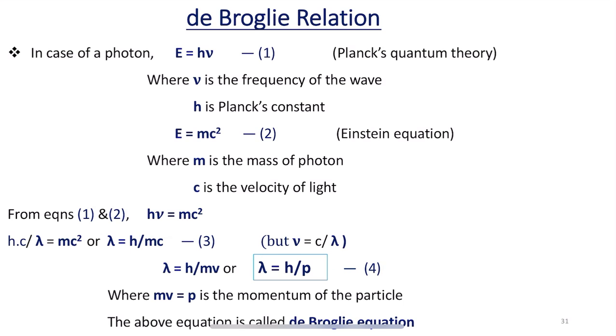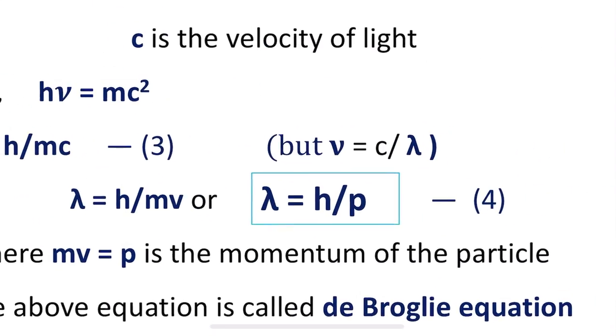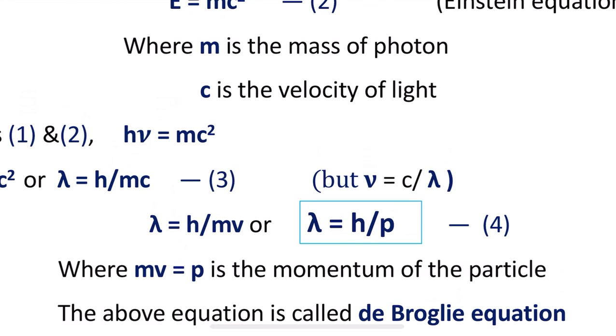Here the equations are not clearly represented, so I request you to observe the textbook. At this point, where λ = h/mc, de Broglie pointed out that the above equation is applicable to any material particle, irrespective of big or small.